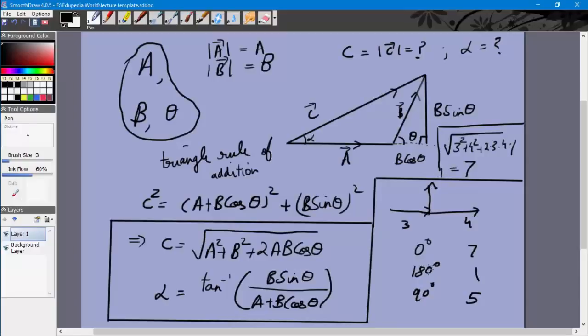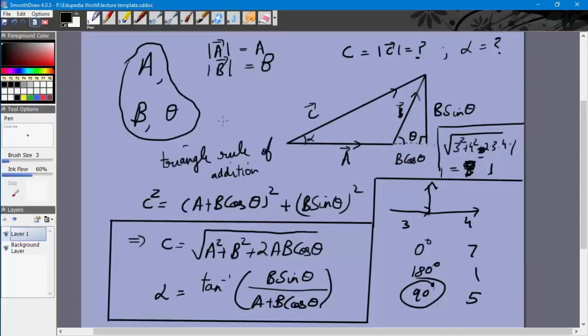What about 180 degrees? In that case, cos 180 would be -1 and you would get a minus sign here. And you'd get 25 minus 24, which is 1. So this would be 1. What if you had 90 degrees? In that case, cos theta would be 0 and c would simply be root of a squared plus b squared, which is the Pythagoras theorem.